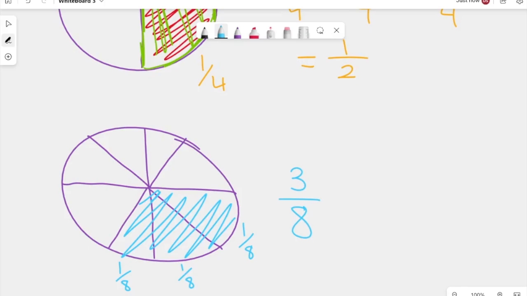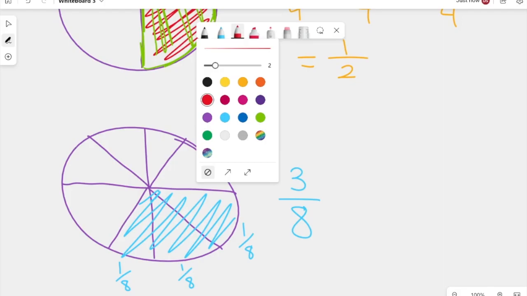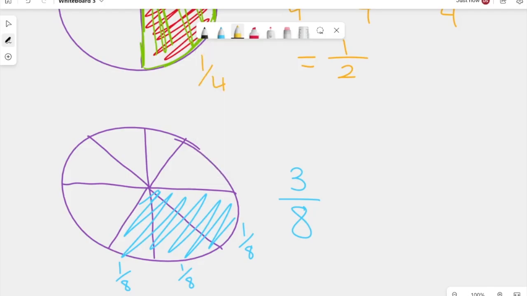Now, I'm full, right? So I'm going to give away one of my 8ths to a friend. So I'm just going to shade this in a different color. Let's pick one I haven't done before. Let's go yellow. And I want to give this away to a friend.